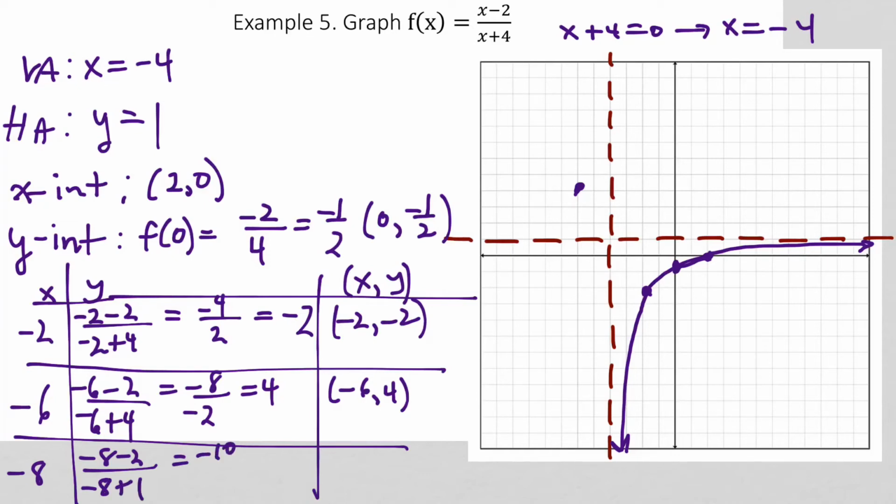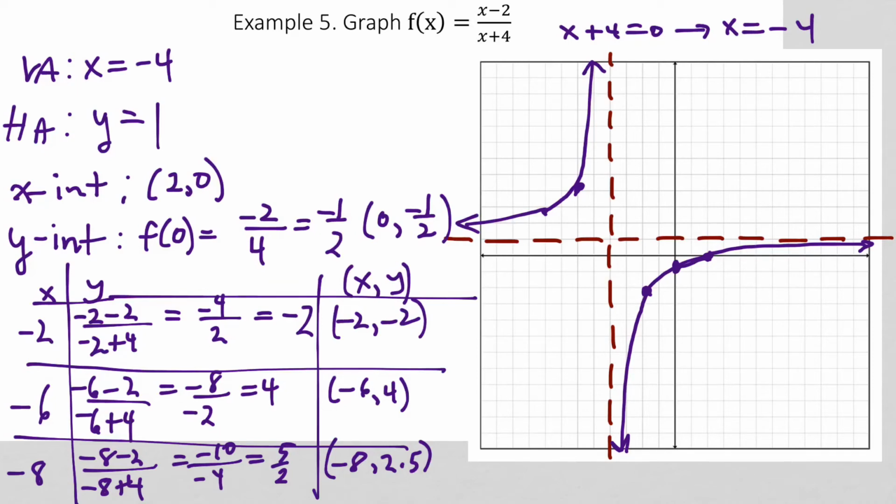That's negative 10 over negative 4, which is 5 halves, or 2.5. So let's say negative 8, 2.5. All right, so let's draw it in. Okay, so I've graphed it.